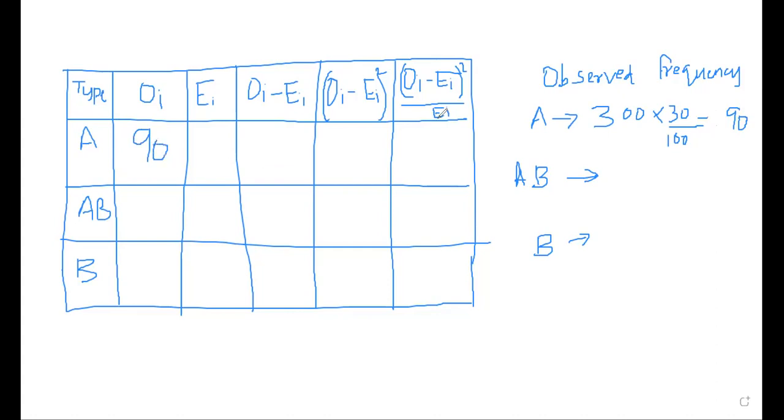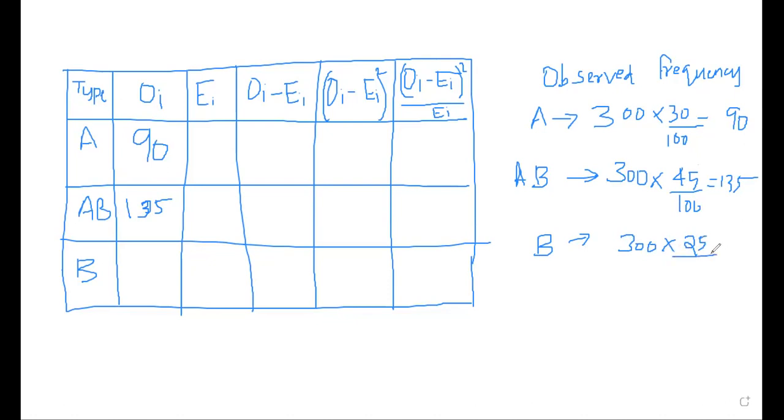Then AB: 300 multiplied with 45% type AB, so 45 divided by 100, that is equal to 135. So OI is 135. And the remaining: 45 plus 30 is 75, and 75 plus 25, so the remaining is 25.